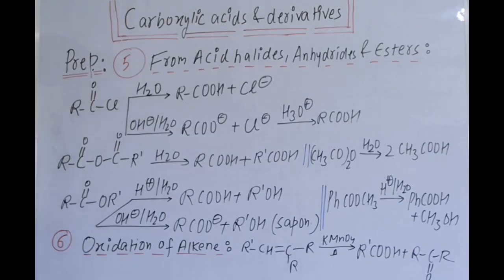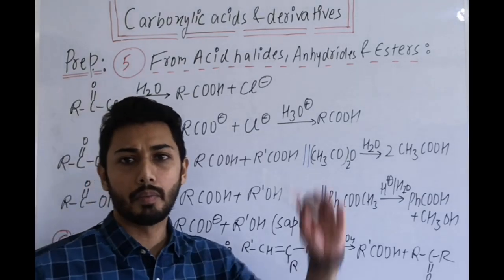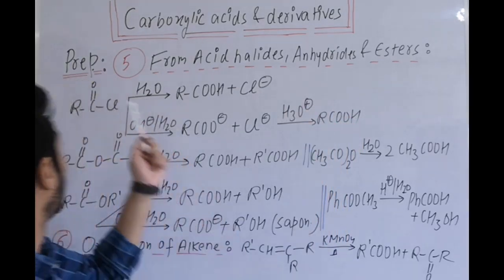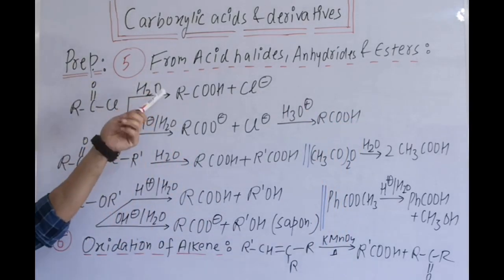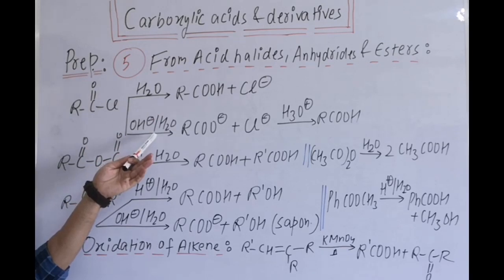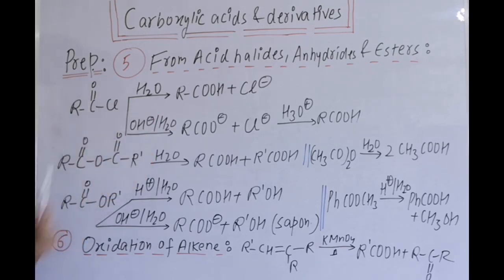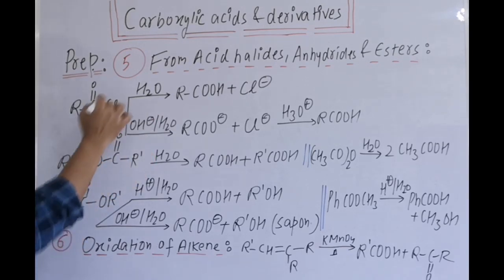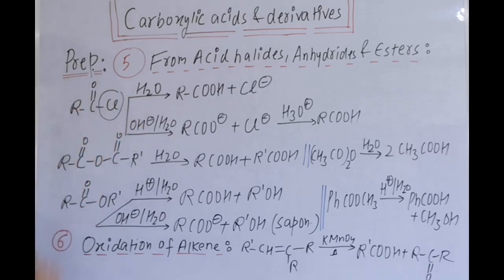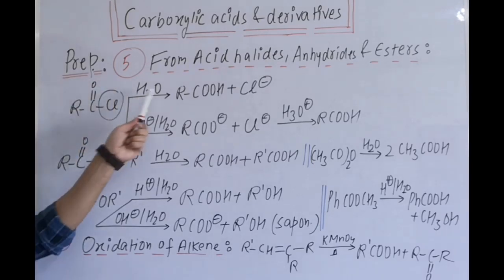Now the next reaction is from acid halides, anhydrides and esters. We can prepare carboxylic acid by hydrolyzing these groups. Acid halide with water, or base catalyzed hydrolysis. Simply what we have to do here is remove Cl, or substitute Cl by the OH group.